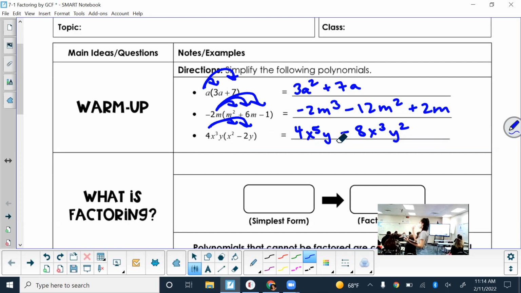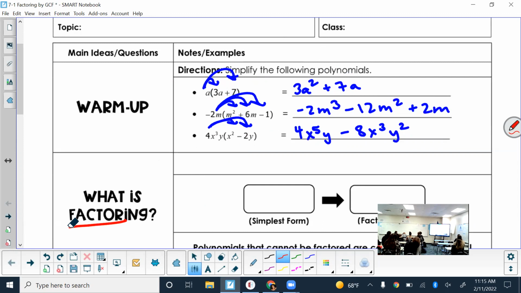Well, now for this next test that's coming up, it's the opposite. Our questions will look like what we have here for our answers, and we're going to be told to factor it. So it's kind of like working backwards. That's what factoring is. So what is factoring?